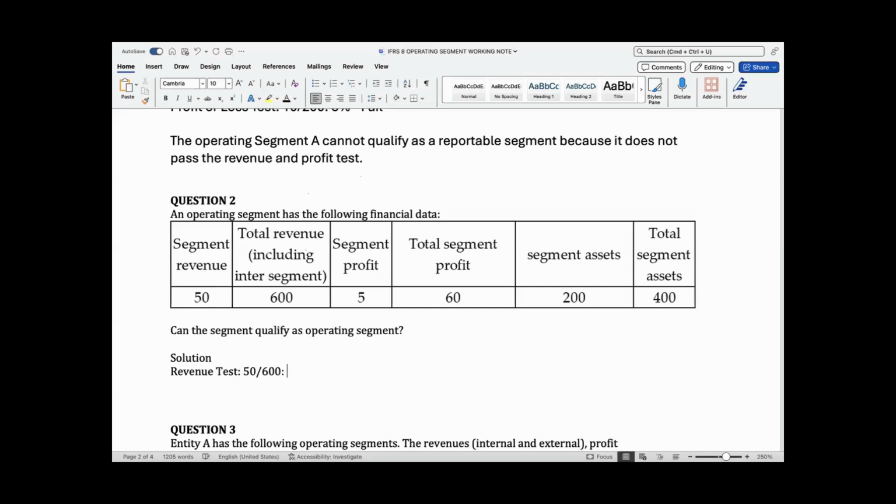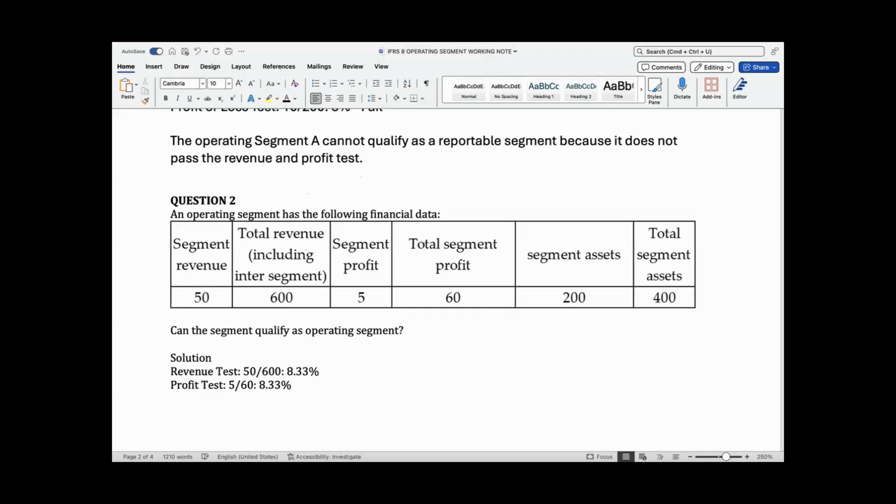What's 50 divided by 600? That's 8.33%. I will also do my profit tests. In this case, I was not given any loss, so I will do 5 over 60. What's 5 over 60? That's also 8.33%.